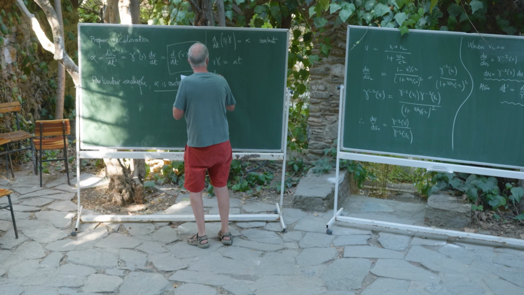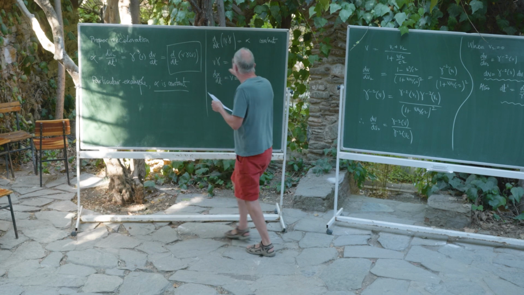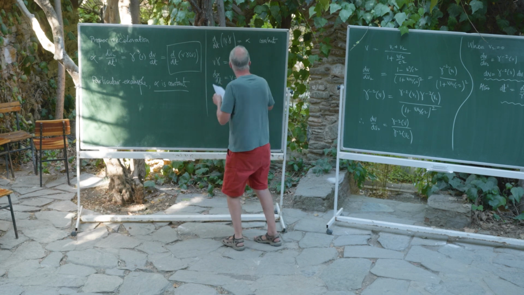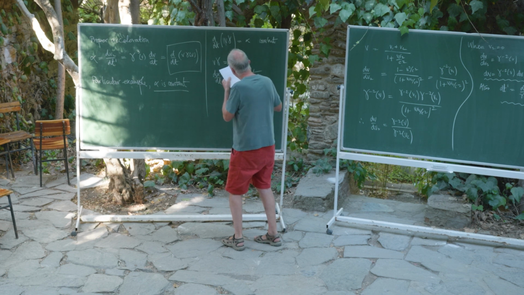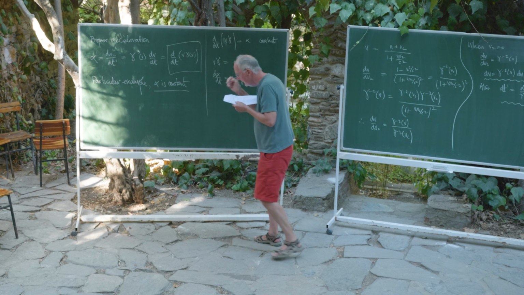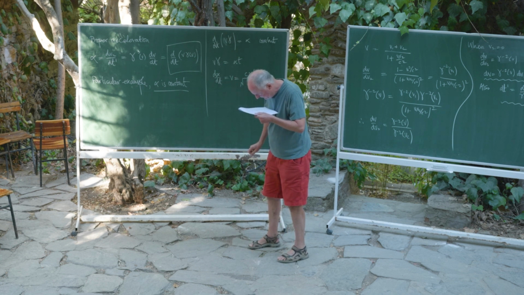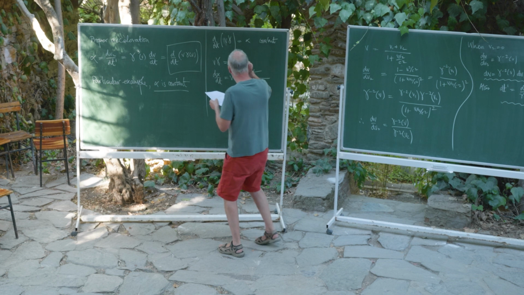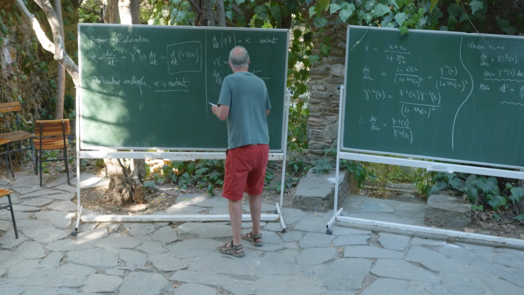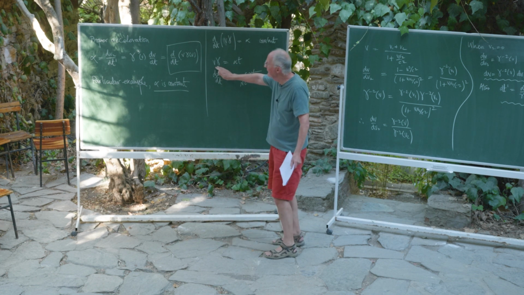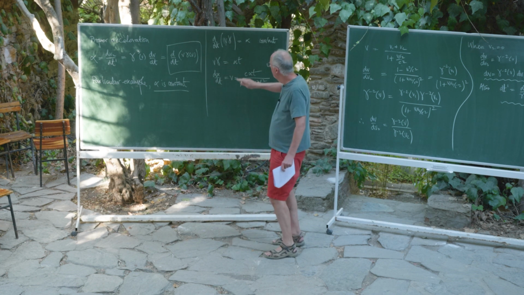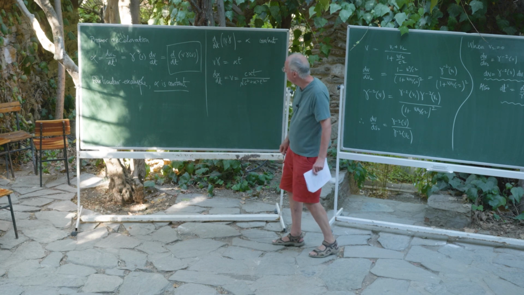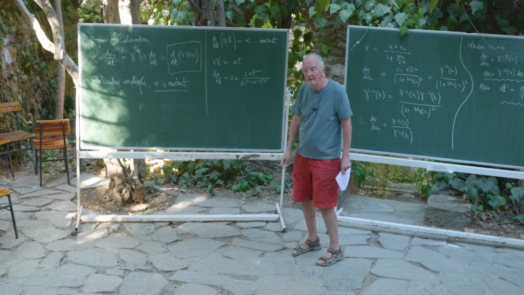So v is nothing but dx dt. And from this equation, if you manipulate it, you get that it's c alpha t over the square root of, have I looked at the correct equation here? c squared plus alpha squared t squared, yes. So if you make v the subject of this equation, you get this, and that's dx dt.